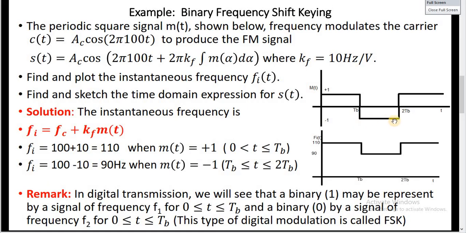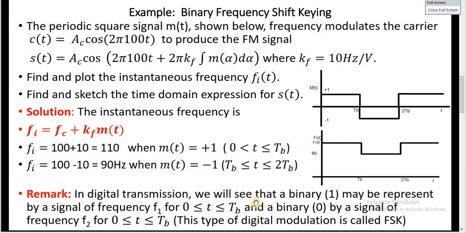So over this time period, the instantaneous frequency is 90 Hertz. And again, the function over the interval between 2 TB and 3 TB becomes plus 1, so the instantaneous frequency is 110.